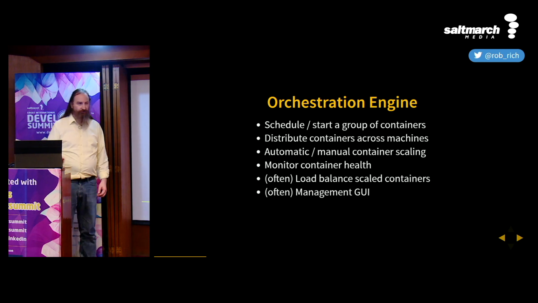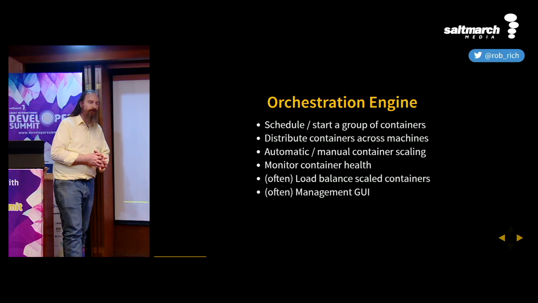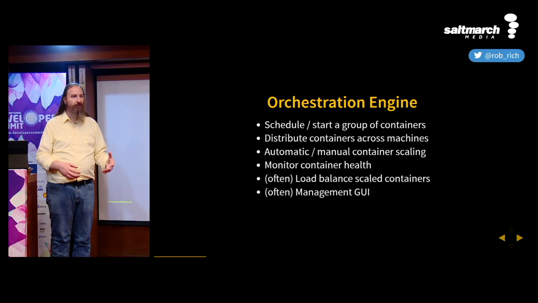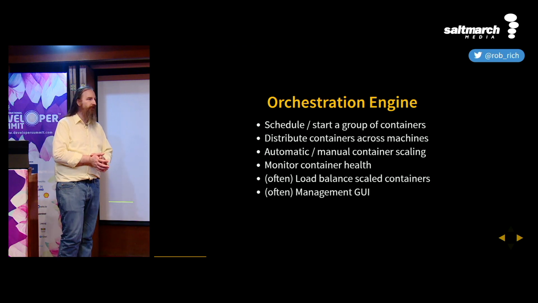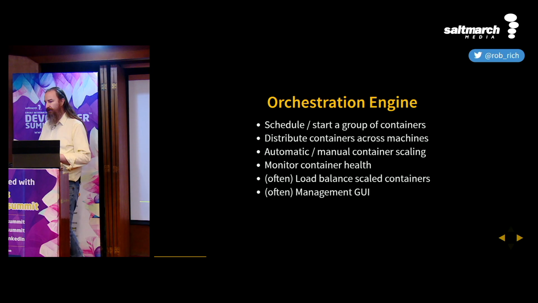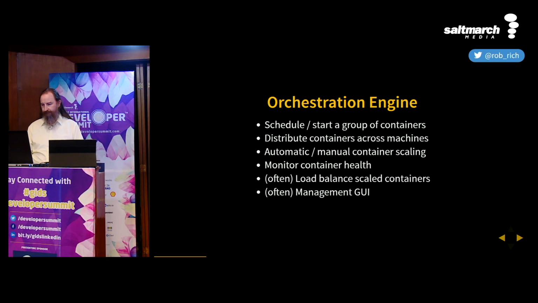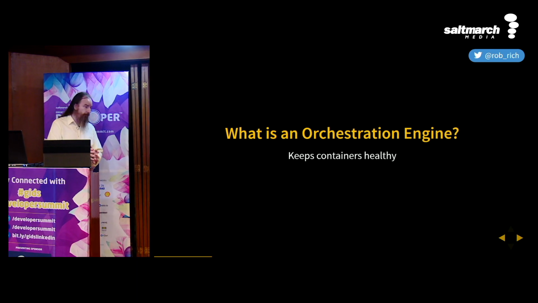An orchestration engine probably does a little bit more. We get visualization into how these containers are running. It might automatically restart them if they die. And we have a couple other benefits, monitoring and load balancing, perhaps auto-scaling. That can be characteristics of an orchestrator. So an orchestration engine, it basically keeps our containers healthy.